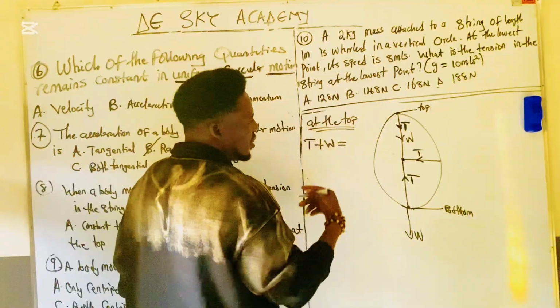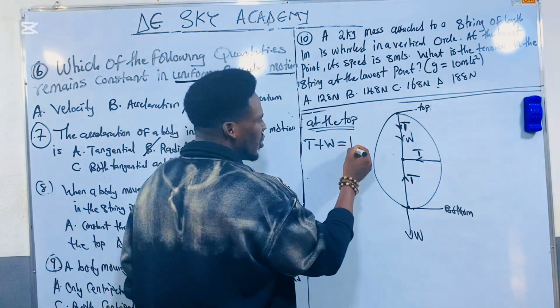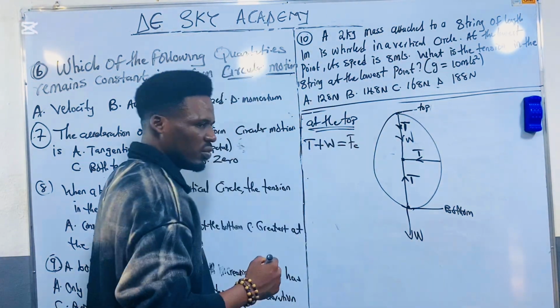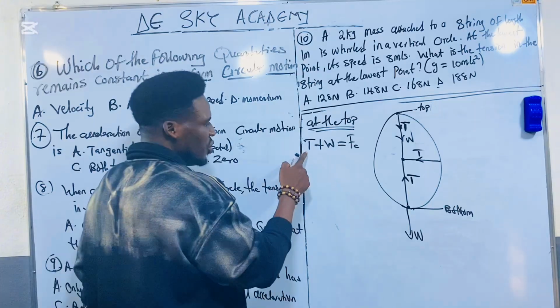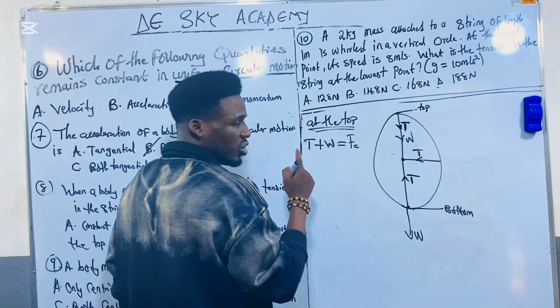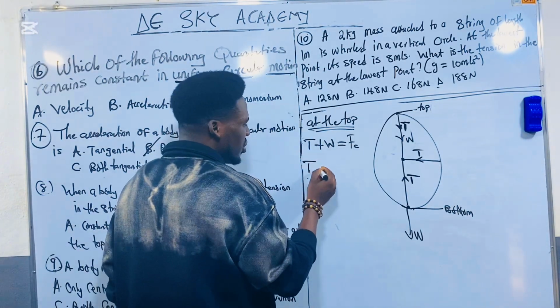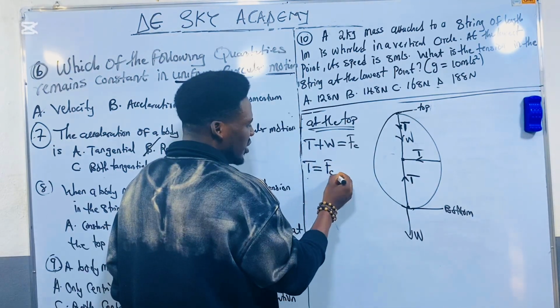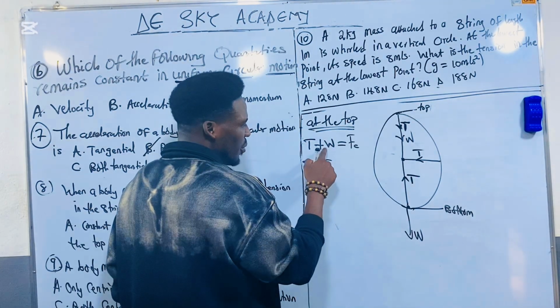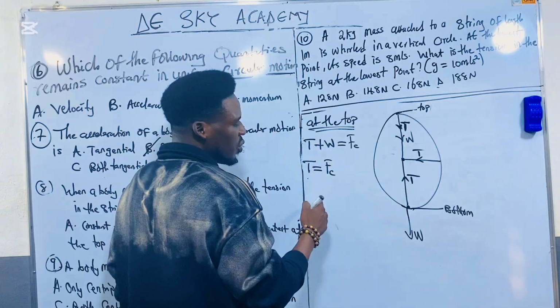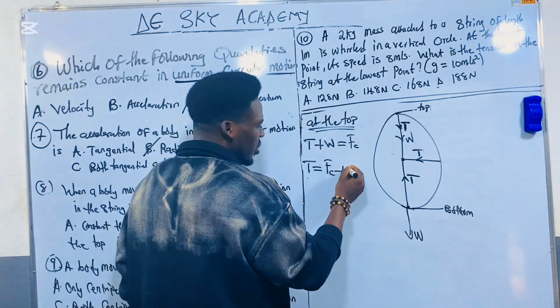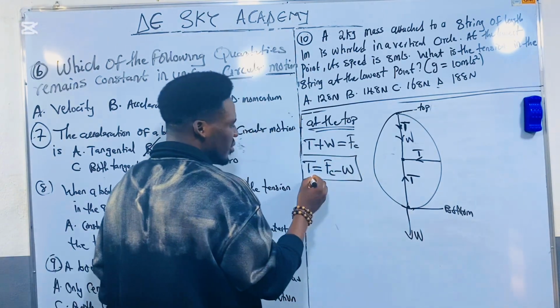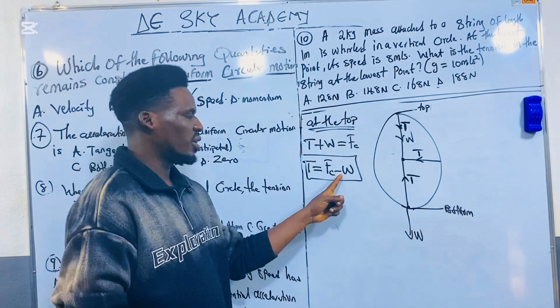That means both of them will combine together to form what we call centripetal force. You get it? So what do we do? Make tension the subject of the formula. That means tension will now be equal to the centripetal force plus W, crossing the positive sign will be minus W. I'll have it this way, so I have minus.